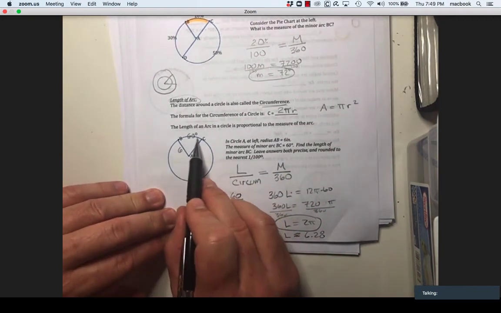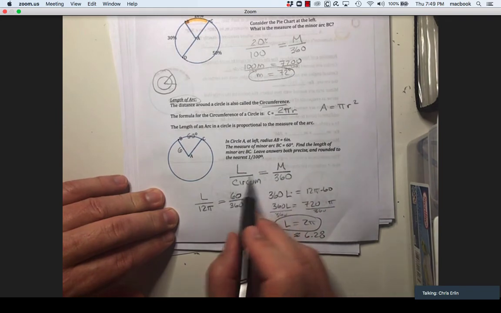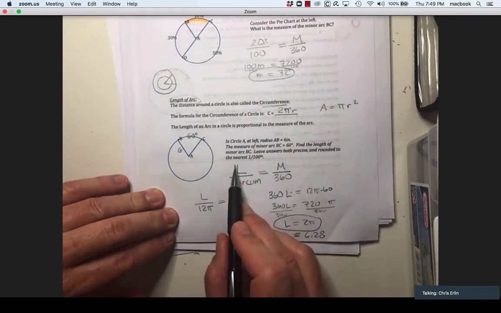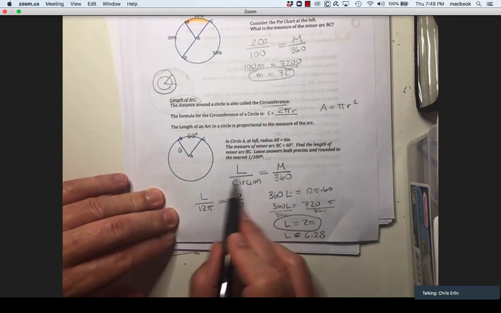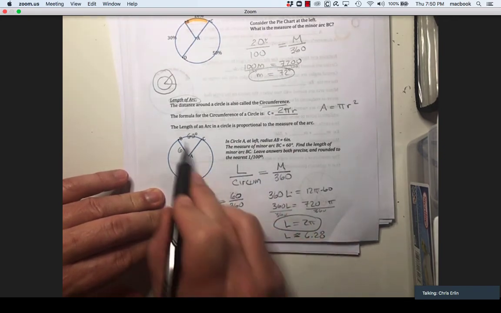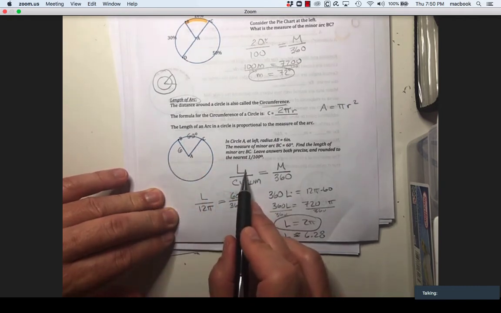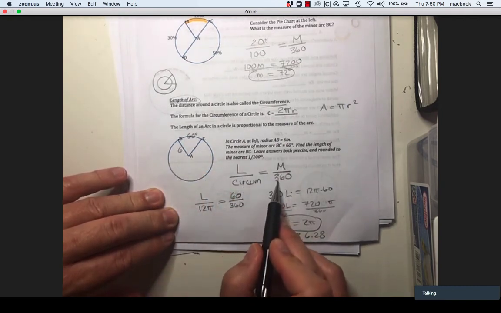To find the length of an arc, not its degrees, but now we're talking about its length, its portion of the circumference, we can use the same proportions we used up here. The length of an arc is to the circumference, the length all the way around, as the measure of the arc is to the degrees all the way around. So the length is to the circumference as the measure is to 360.